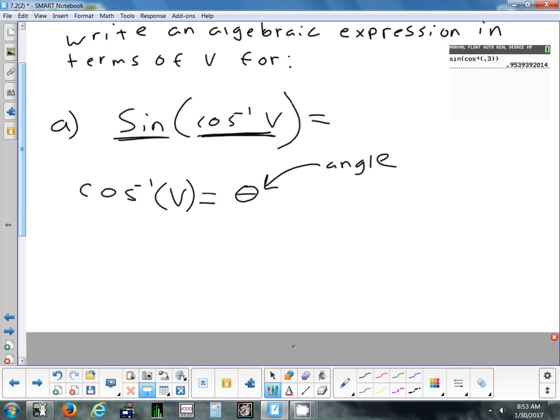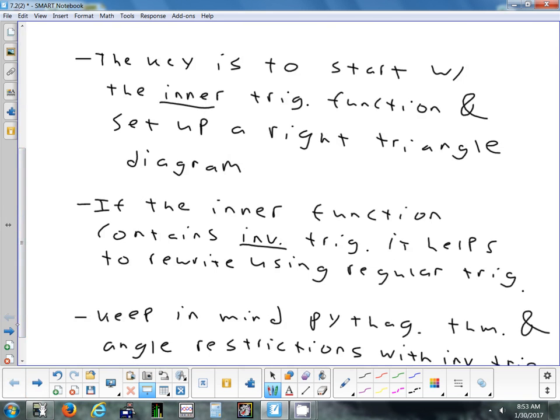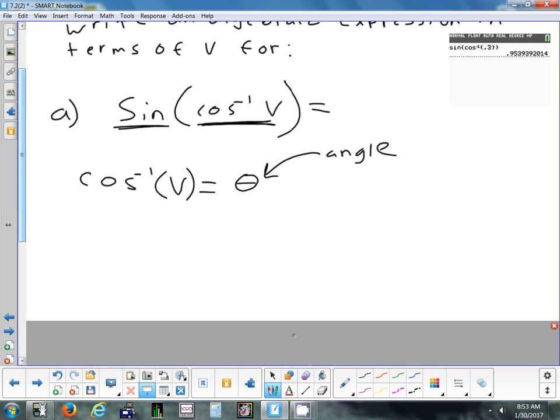Now it says take the inverse trig and rewrite it using regular trig. So I want to get rid of inverse trig. How do you cancel out inverse cosine? Cosine. And this is something we did in the first part of the section. Take the cosine of each side.